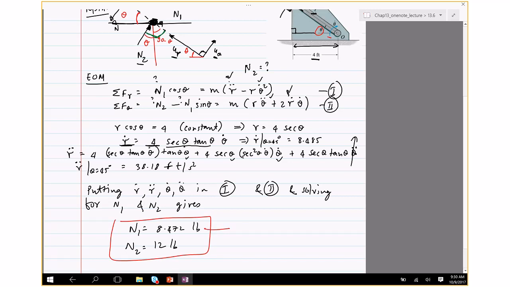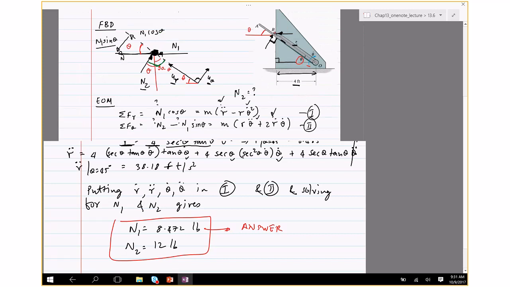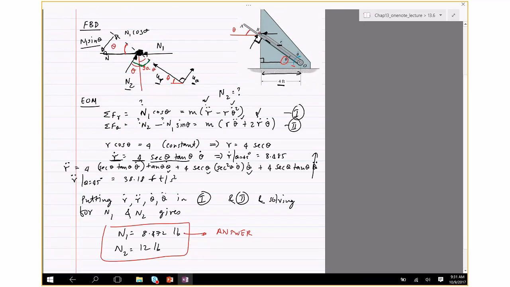This is the answer. So again, once I found r, r dot, r double dot, and substituting in equations 1 and 2, I have two equations, 1 and 2, and two unknowns, N1 and N2. I can solve for N1 and N2 using those two equations.